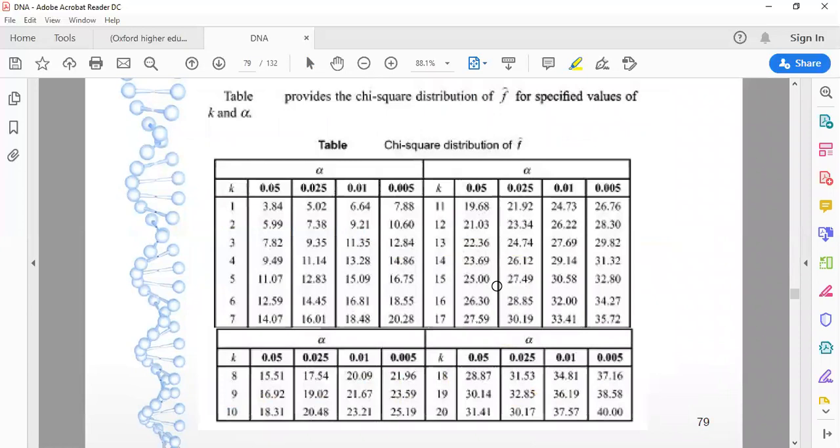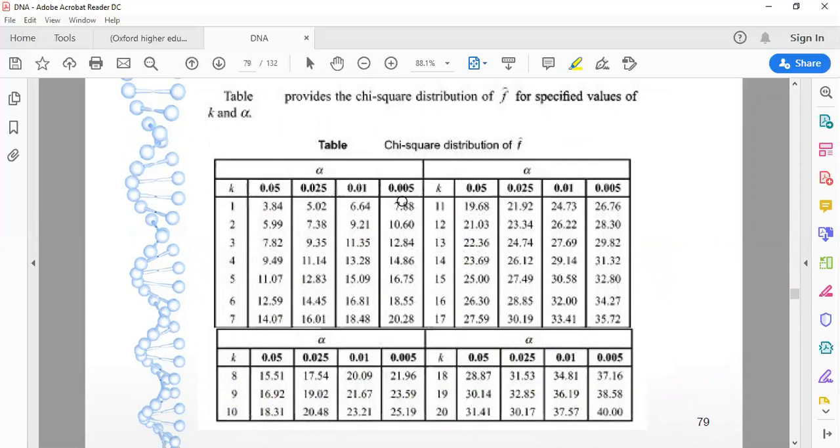Now these are some values by which we can find the value of the chi-square distribution. See, suppose this is the value of k. Over here we have considered the value of k up to 20, and these are the different values of alpha: 0.05, 0.025, 0.01 and 0.005.